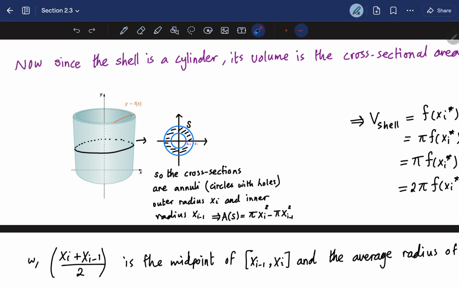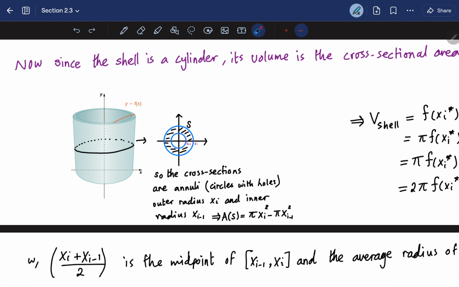So how about we take a cross section? If you take a cross section, you will get something that looks like this. A circle inside of a circle. So I have a hole here. If you remember from last time, the area for this would be just the area for the outer circle minus the area of the inner circle.